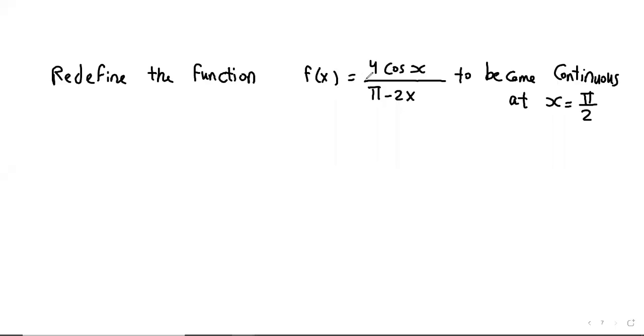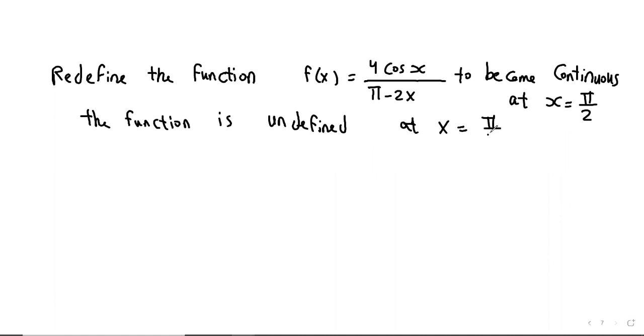Redefine the function f of x equals 4 cosine x over pi minus 2x to become continuous at x equals pi over 2. First of all, the function is undefined at x equals pi over 2.